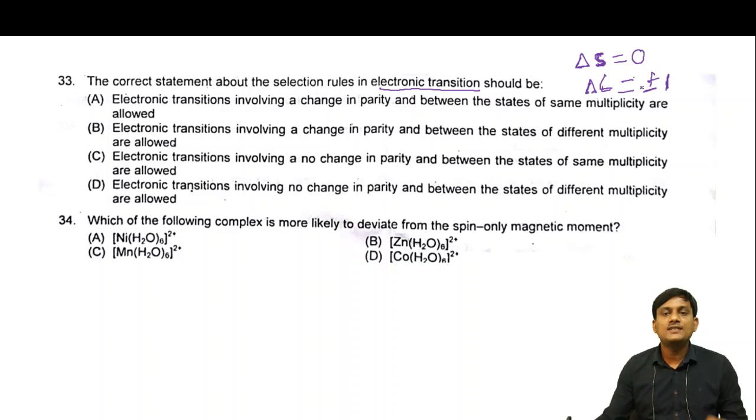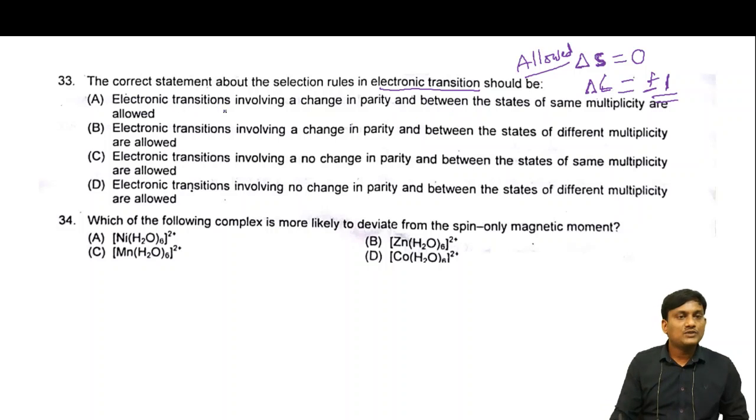There should be a change in symmetry of the electronic state when an electron is promoted from one state to another. So delta L plus or minus 1 means there is a change in parity; parity means symmetry. So which are allowed? No change in spin multiplicity and a change in parity. Electronic transitions involving a change in parity and between states of the same multiplicity are allowed. So the first option is correct, so A is the correct option.